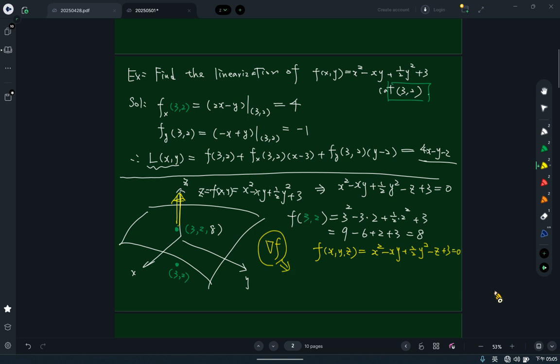So the gradient vector will be partial f partial x, partial f partial y, partial f partial z at (3, 2, 8), right? So we can get that will be 2x minus y, then negative x plus y, then -1 at (3, 2, 8), right?